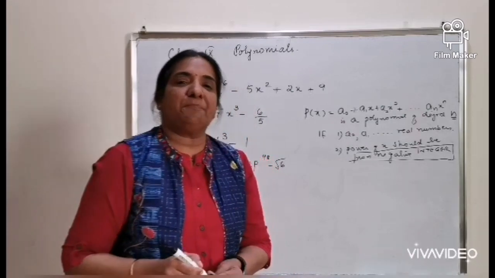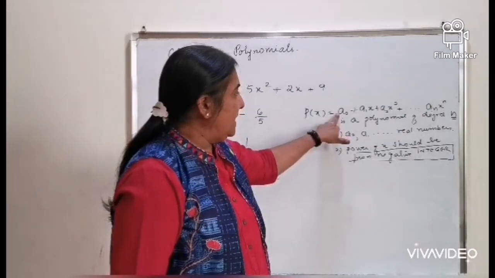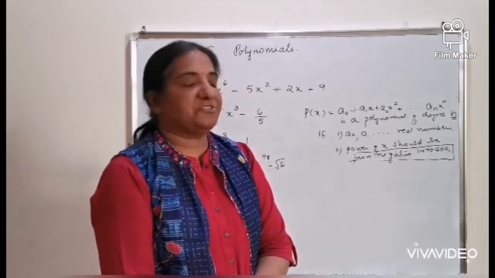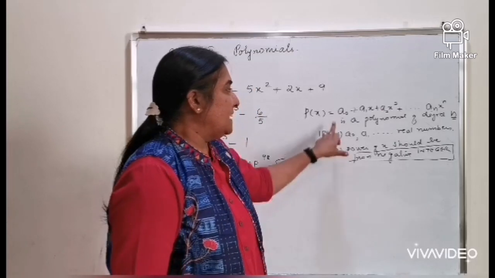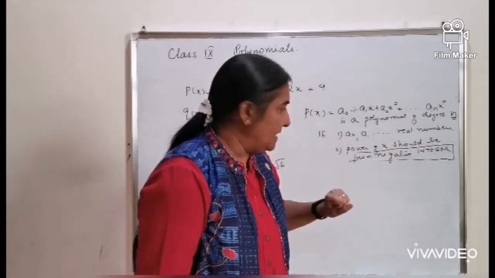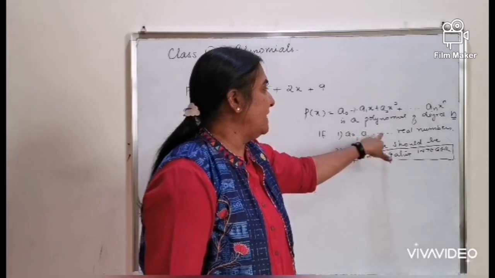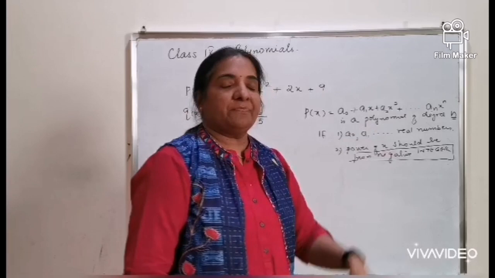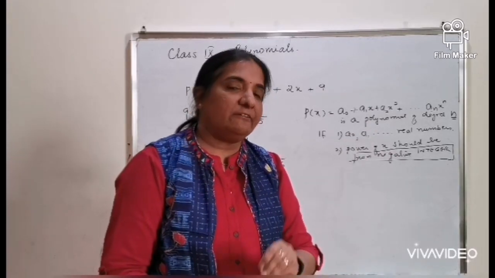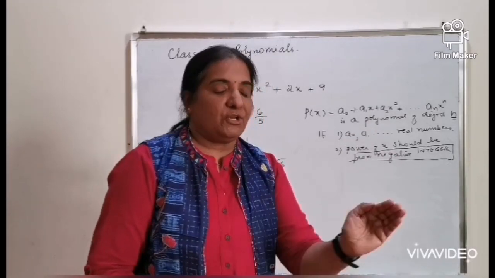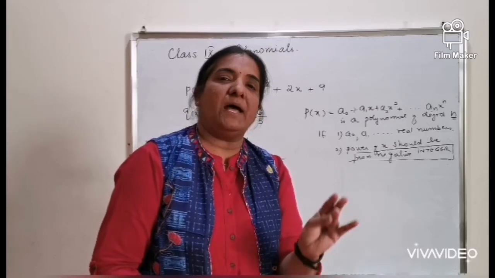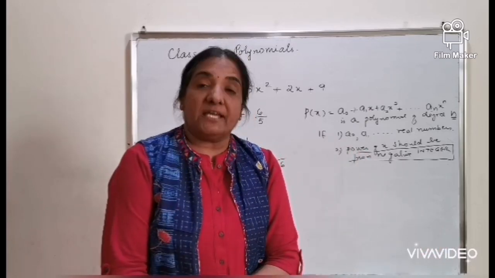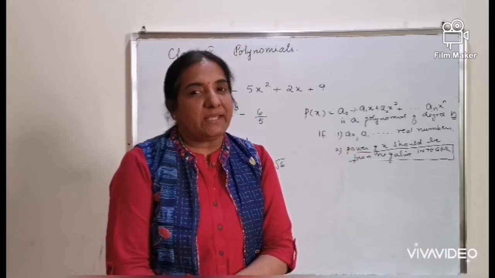Thus, an expression p of x is equal to a0 plus a1x plus a2x square plus etc. an x raised to n is a polynomial of degree n if a0, a1, etc. are real numbers and the power of x should be a non-negative integer. From 0 onwards, 0, 1, 2, 3 can be the powers, but negative integers cannot be the powers of the variable.